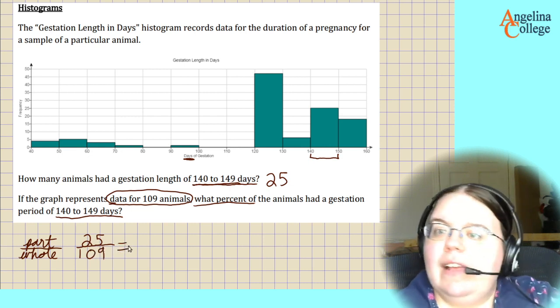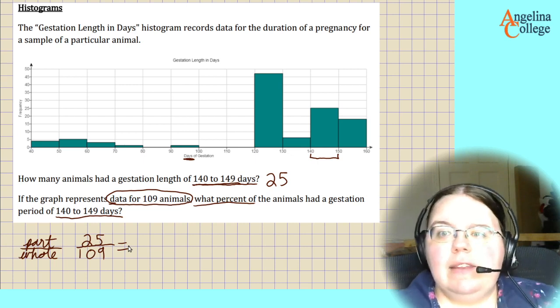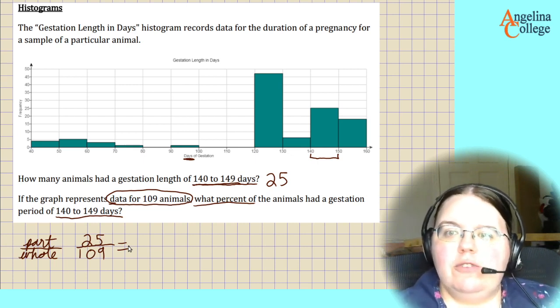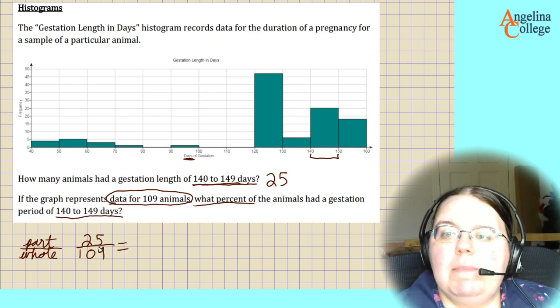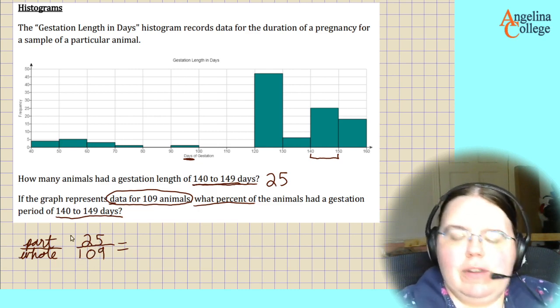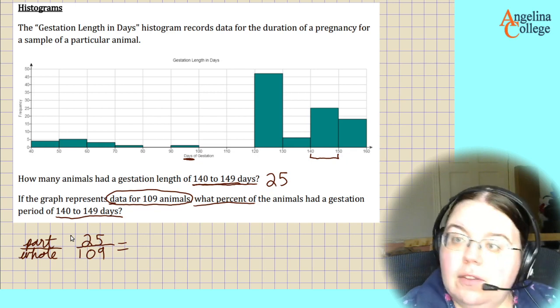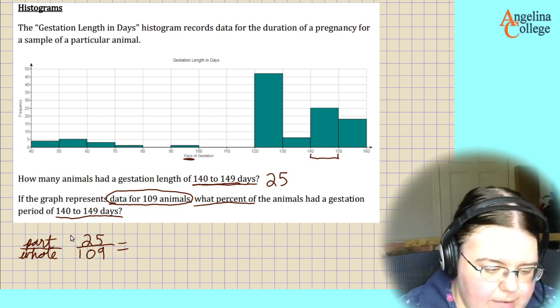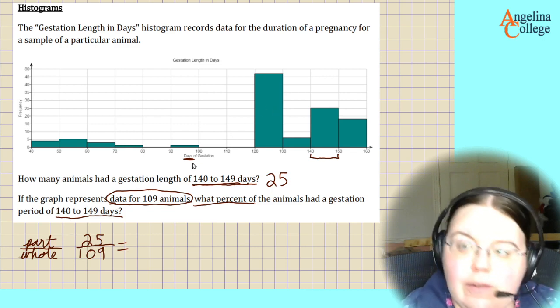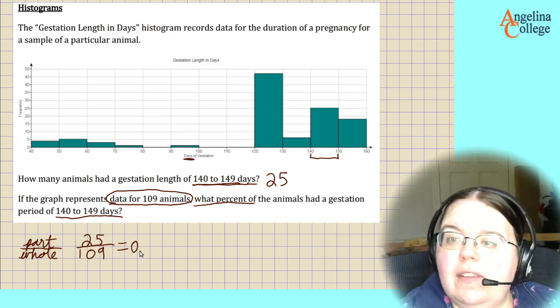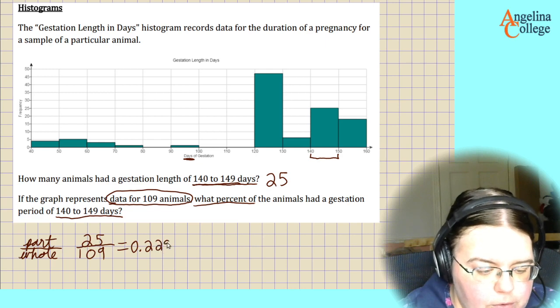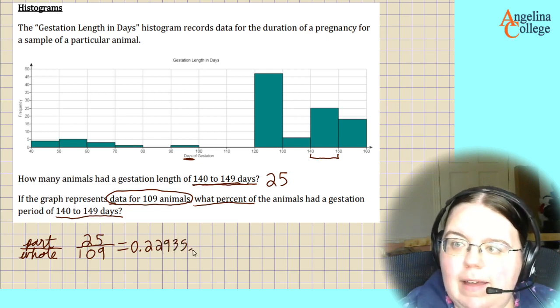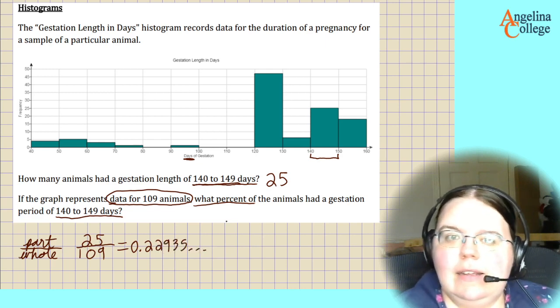and then we can grab our calculators and divide that. I'm expecting it to be just a little less than 25%, by the way, because I noticed that it's just a little bit bigger group than 100. So now I hit 25 divided by 109 into my calculator, and my calculator says that that's 0.22935 blah blah blah.